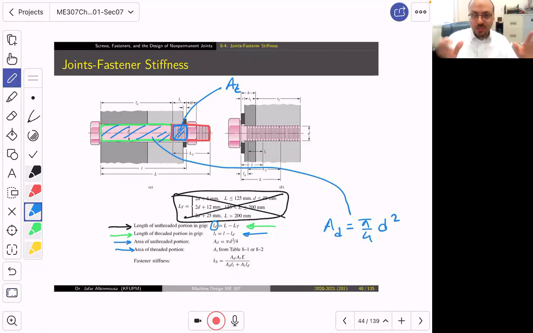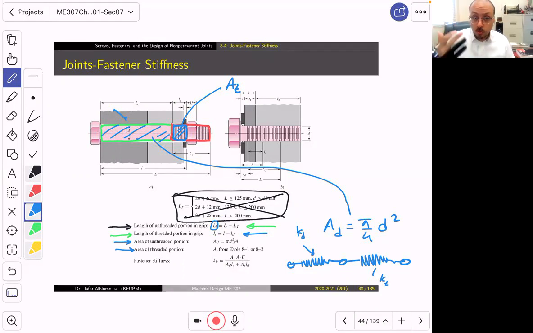Now, if you want to find the stiffness of the bolt, what are you going to do? You will assume that the stiffness of the bolt comes from two springs in series, okay? One of them is KD, the stiffness for the portion that belongs to D, the smooth part, and the other is KT, the stiffness for the threaded portion.